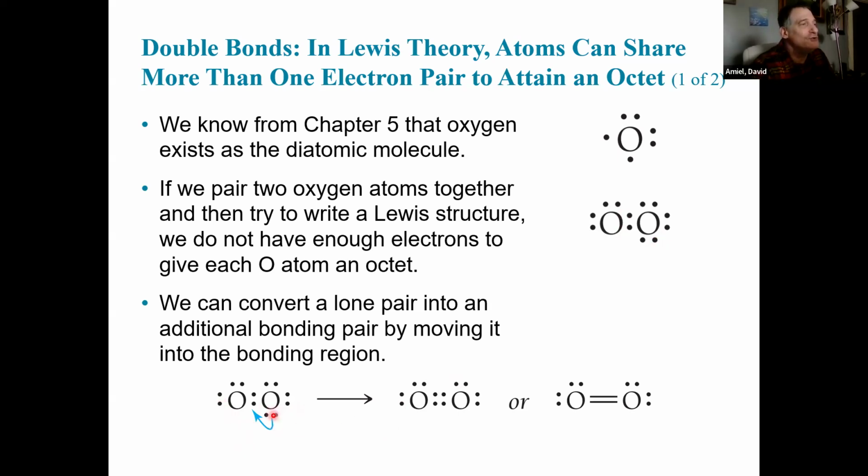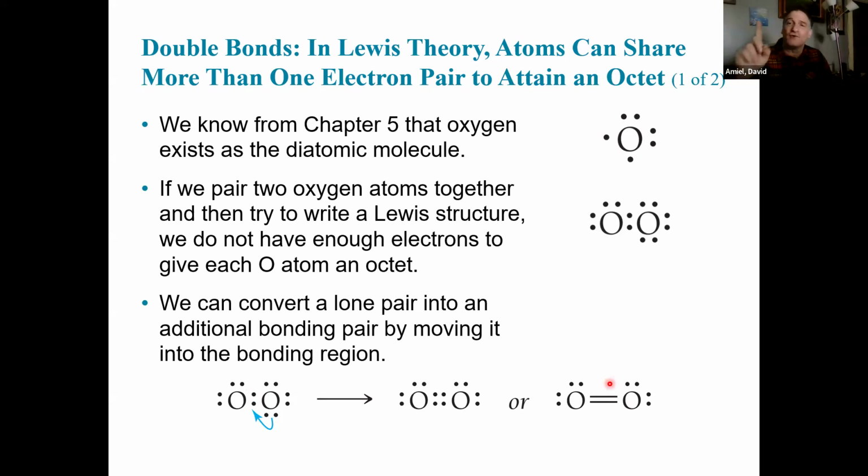They're taking the two electrons from one of oxygen's lone pairs and turning it into a bonding pair. In this case, you see that 2, 4, 6, 8, 2, 4, 6, 8, each of the oxygens now has an octet, and you have formed a double bond.